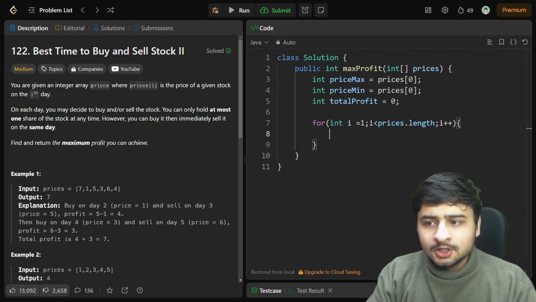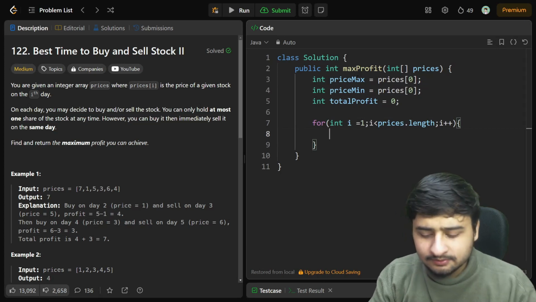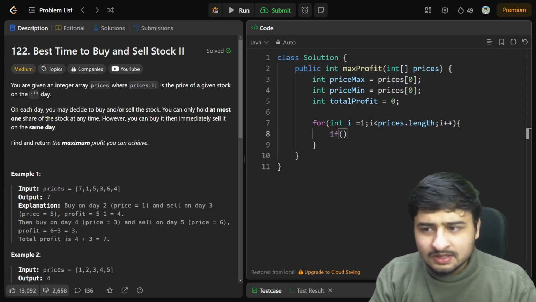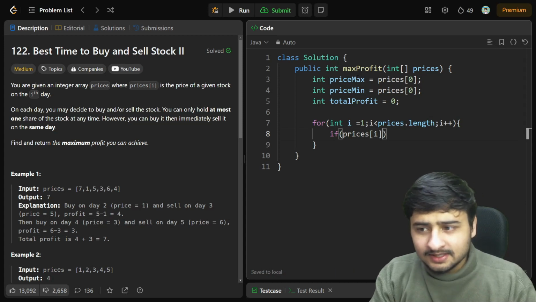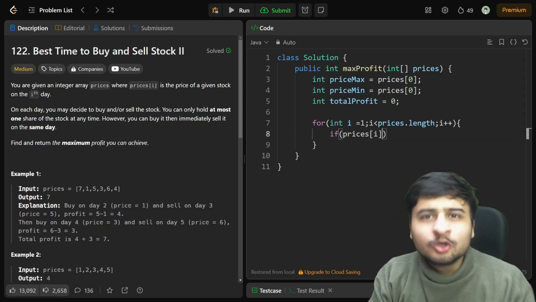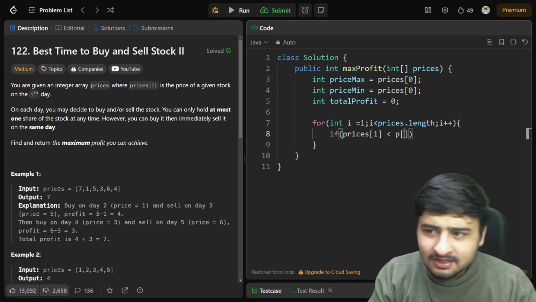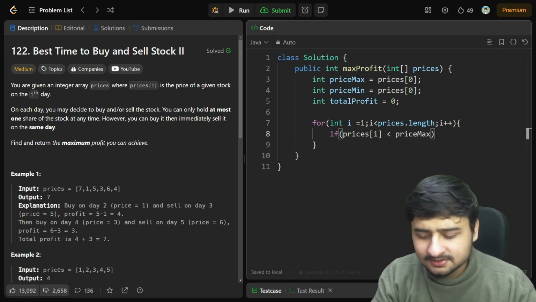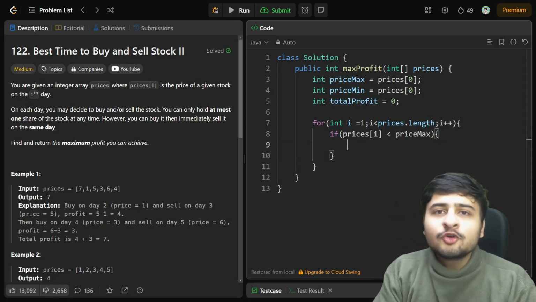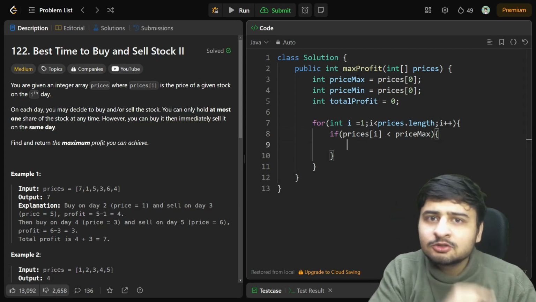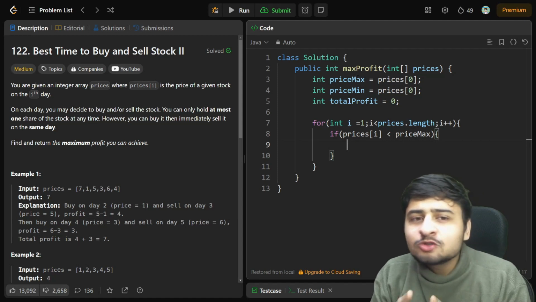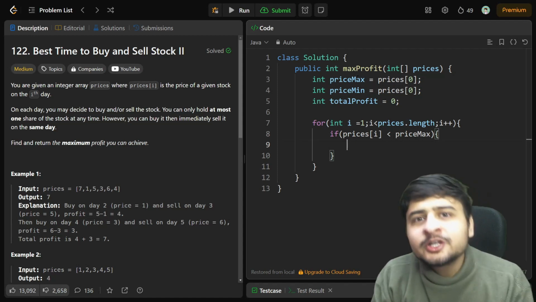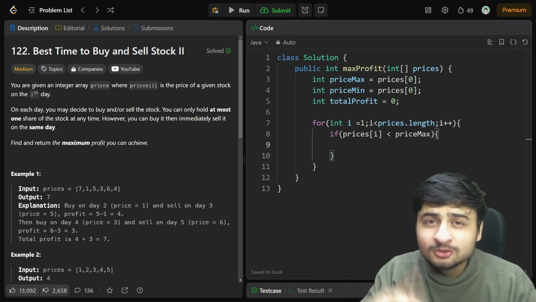So what we are going to do here is check if prices of I, if today is not a good day to sell, if it's smaller than price max, we're going to close the previous transaction and start a new transaction, because if this is not a good day to sell, this might be a good day to buy. That's why we're going to start a new transaction.